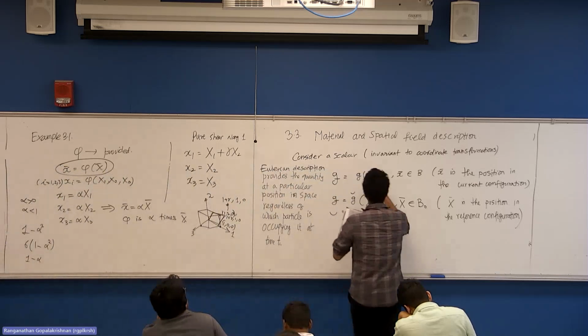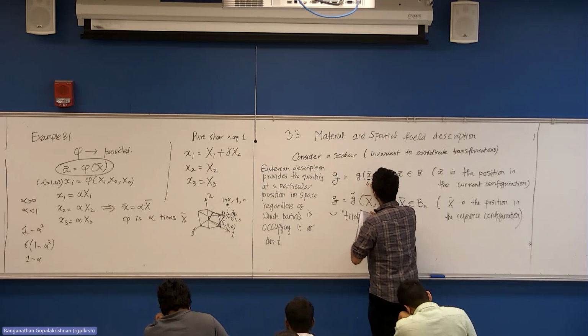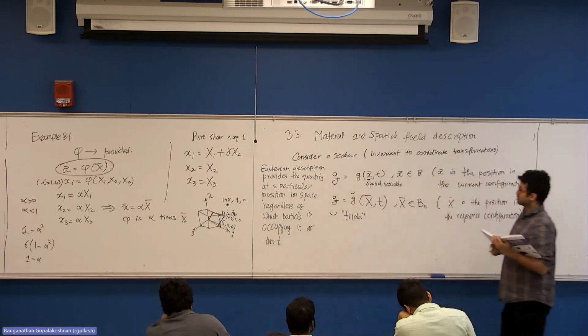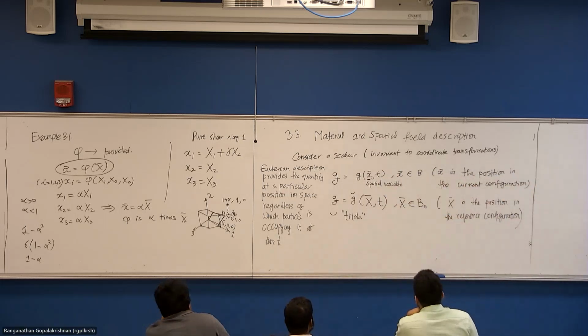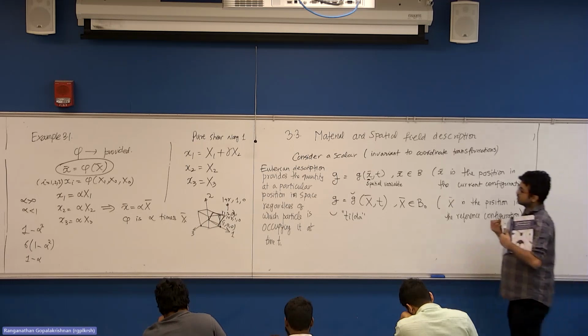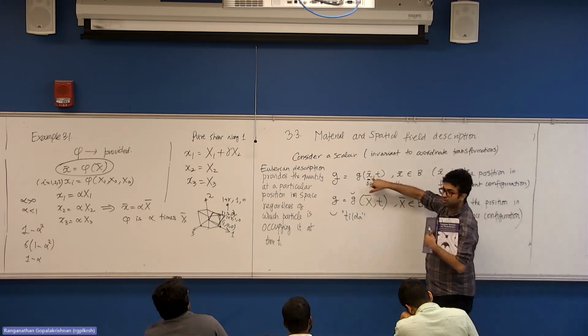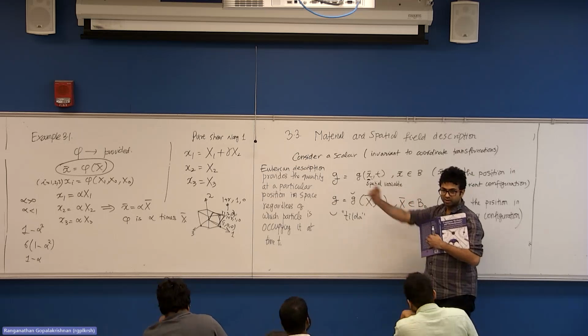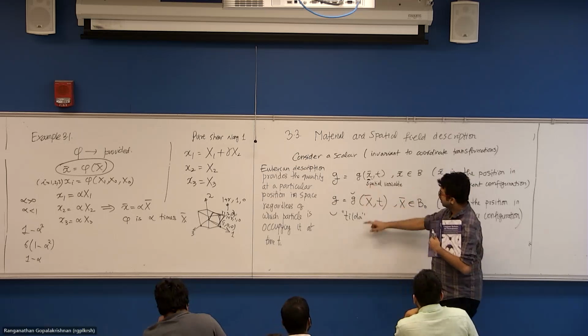Otherwise, everything I just said is the same. So the variable used here is the spatial variable, lowercase x. The other thing you need to understand is x is used to denote a position in space. It is to denote a certain point in space.